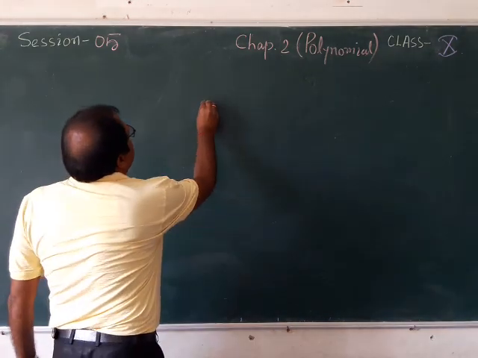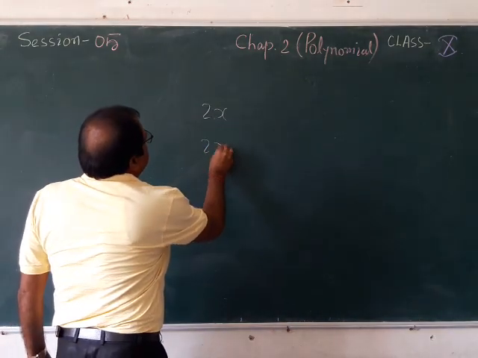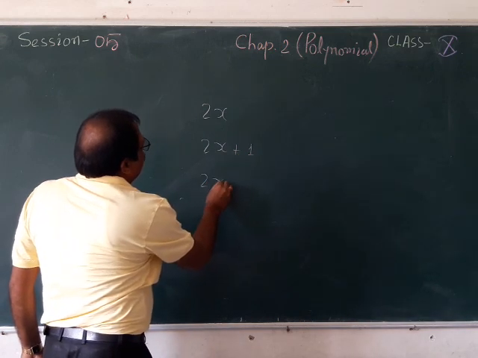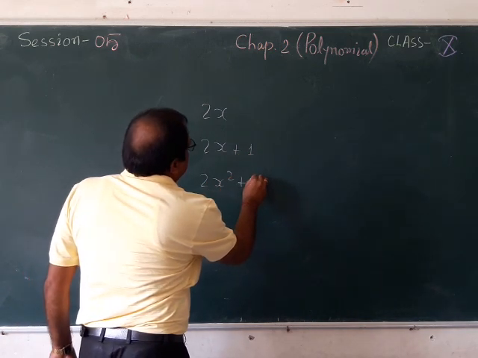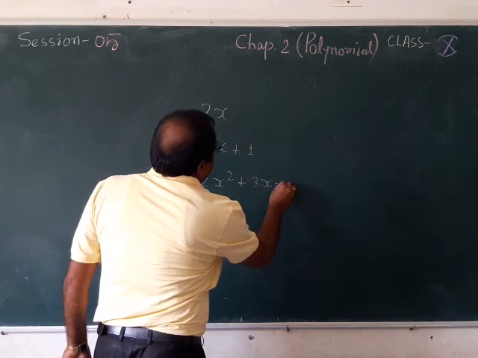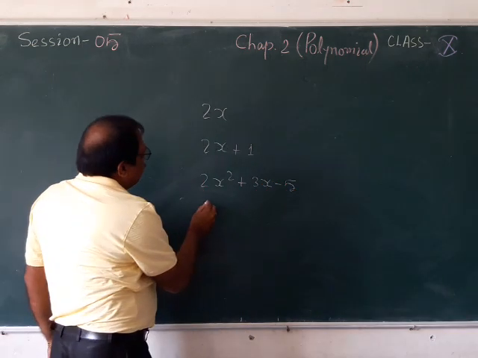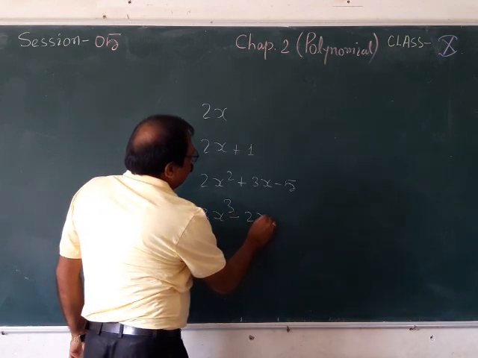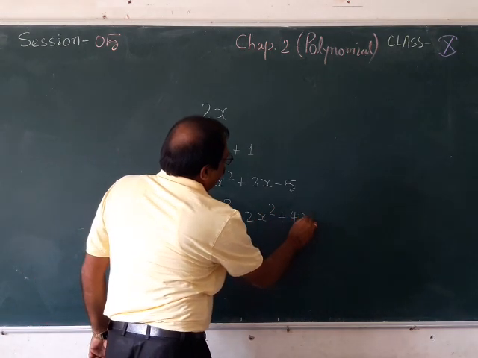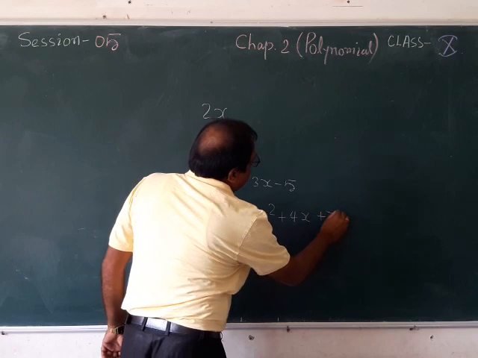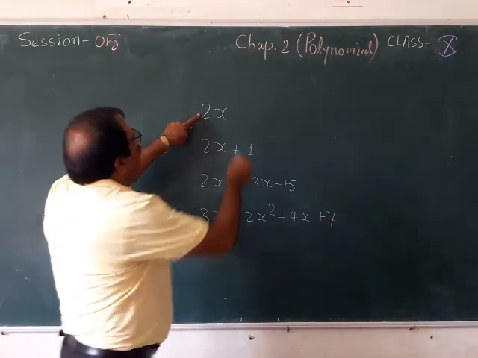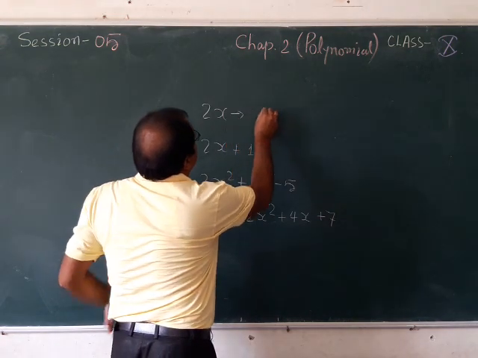Here suppose I am writing 2x, and I am writing 2x plus 1, and I am writing 2x square plus 3x minus 5, then I am writing 3x cube minus 2x square plus 4x plus 7. Now this is your monomial. 2x is a monomial.